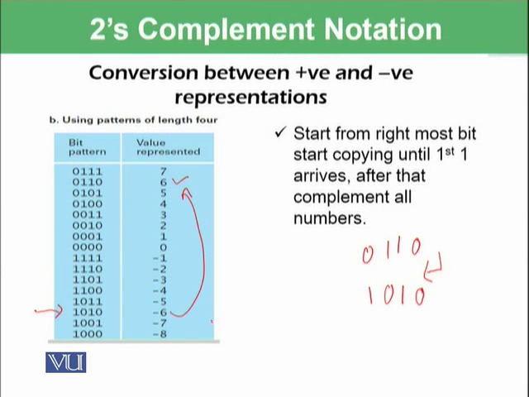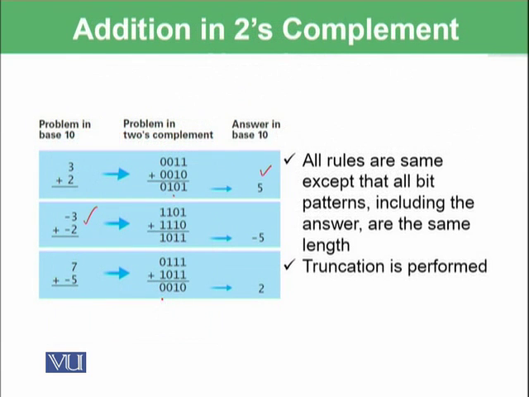You can see on the previous slide that 1011 represents -5, and then 7 plus -5 gives you 2. That is perfect. All rules are the same, except that all bit patterns, including the answer, are the same length.